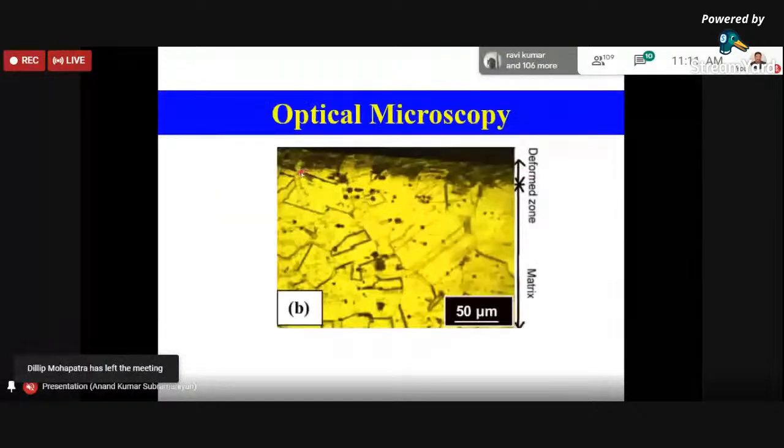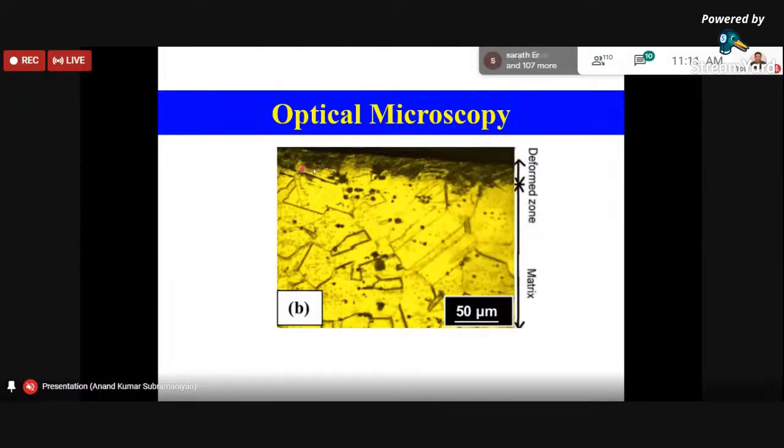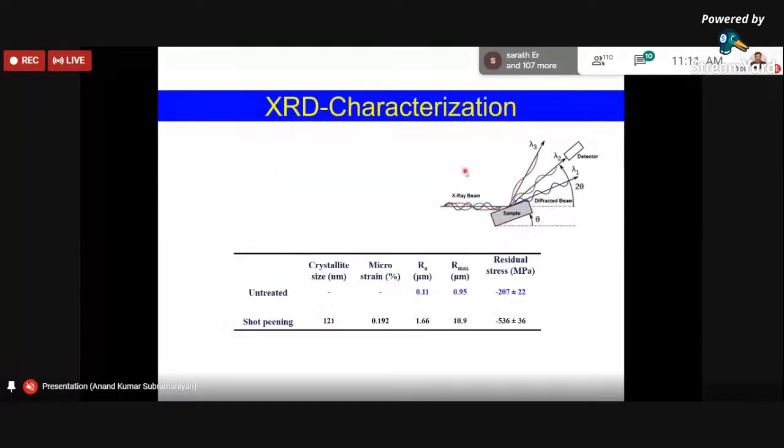The moment we do shot peening on the surface, you can see that at the top surface there is a deformed zone, and the bulk is not deformed, and thereby this peened layer will have higher hardness because of the grain refinement.